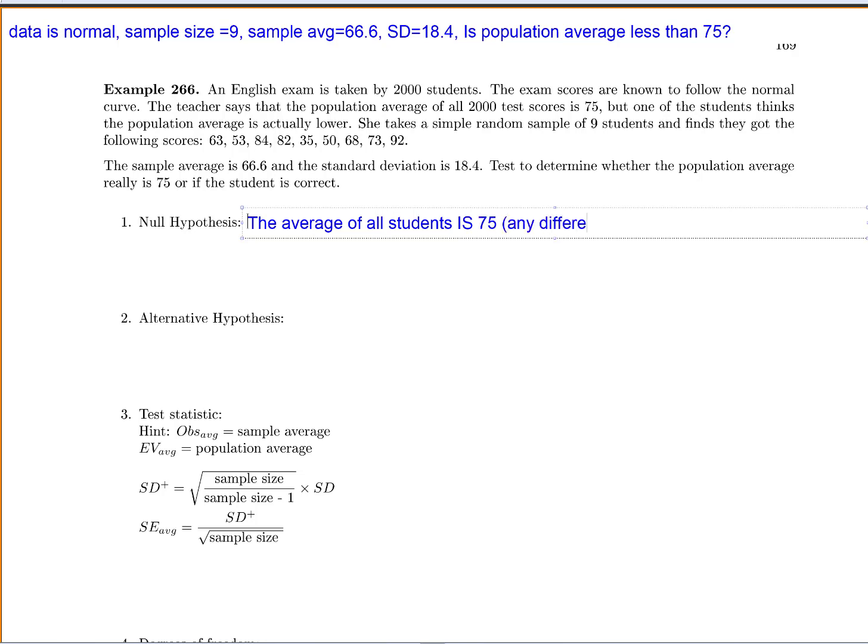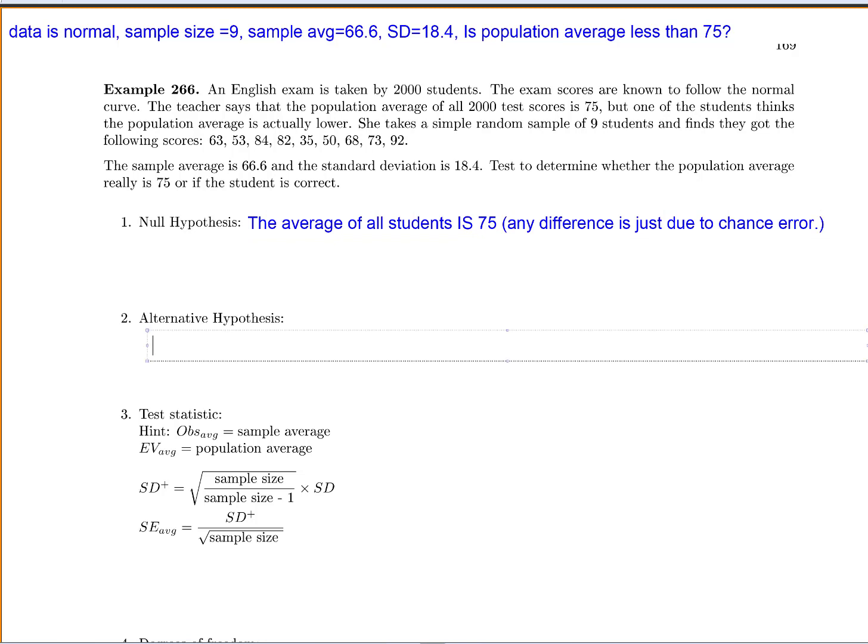And any difference in the sample you picked is just due to chance error based on which sample you picked. Now your alternative is what you wanted to show. So is the population average less than 75? So the average of all the students is less than 75.